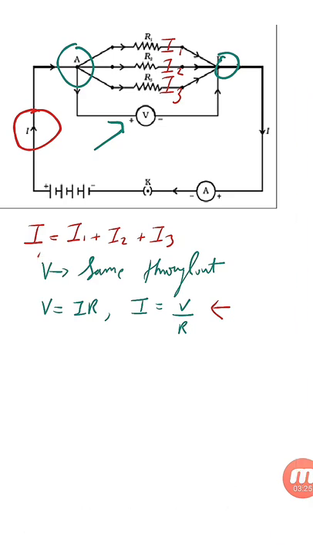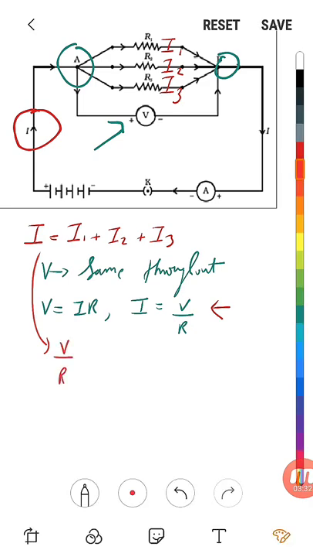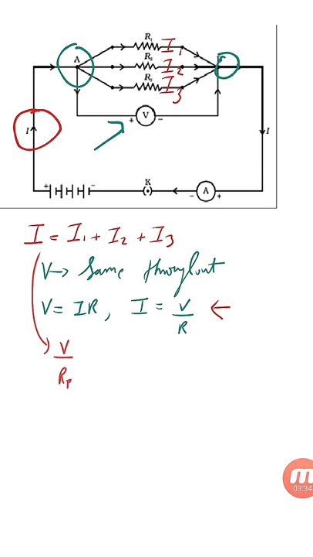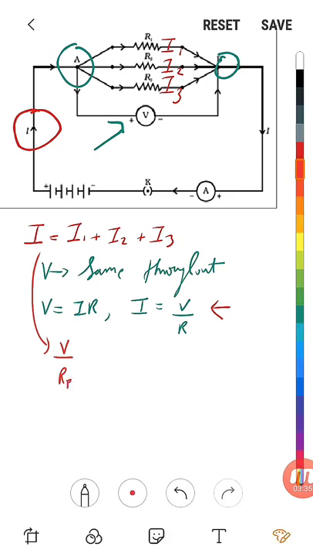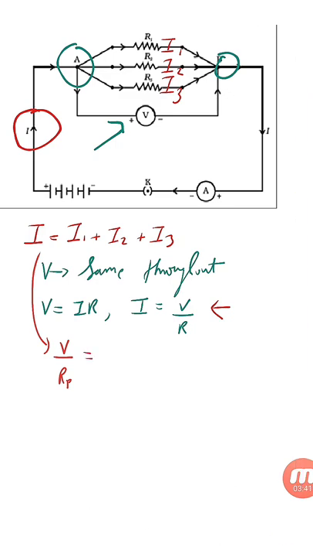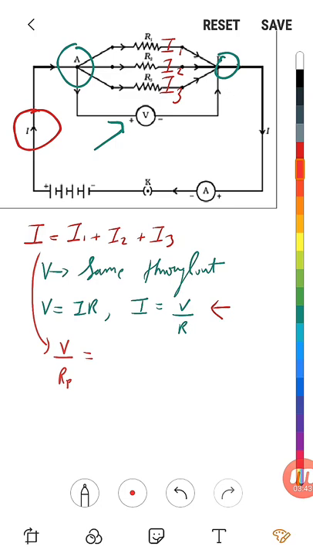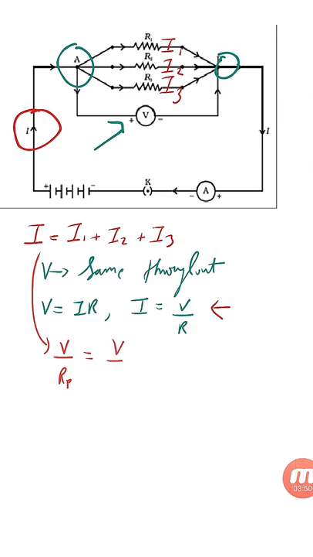Here we denote the effective resistance of the parallel arrangement with Rp. So I is V upon Rp, I1 is V upon R1, and I2 and I3 are V upon R2 and V upon R3.